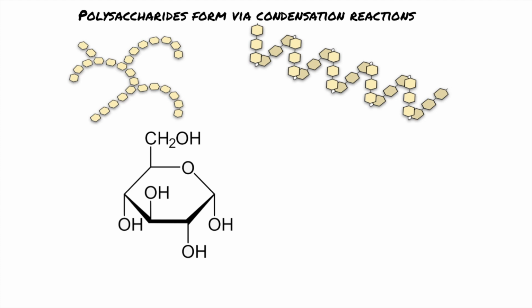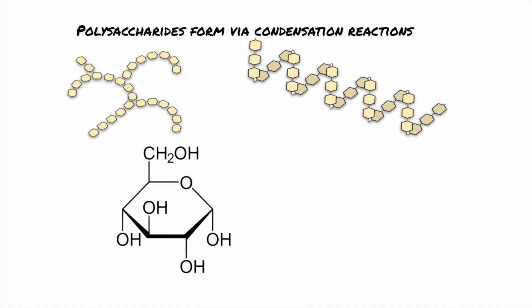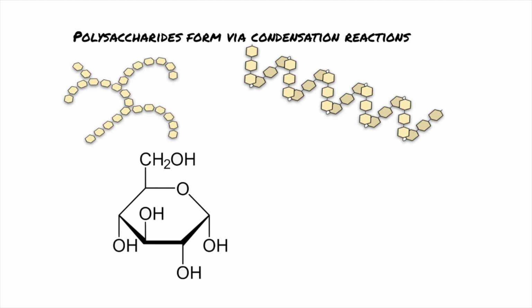Now, starch is a polymer of glucose. So the entire molecule is made up of glucose. Starch itself is made up of two types of chains. One type of chain is called amylose. Amylose is made up of glucose molecules all attached. As you can see, it has a spiral shape.